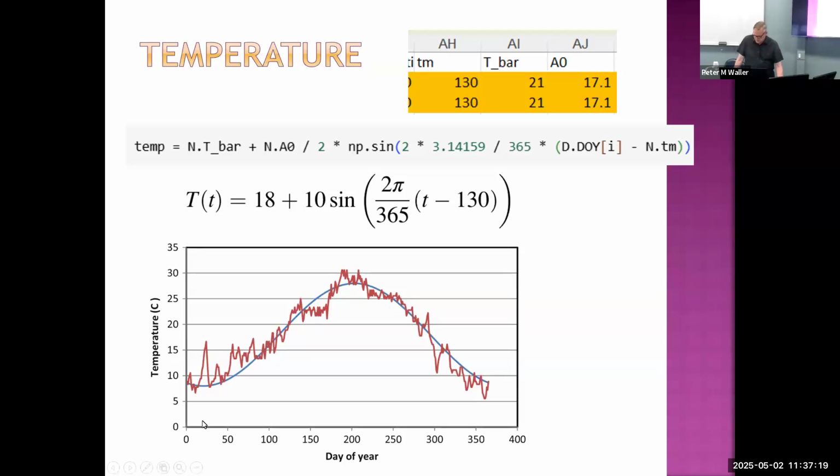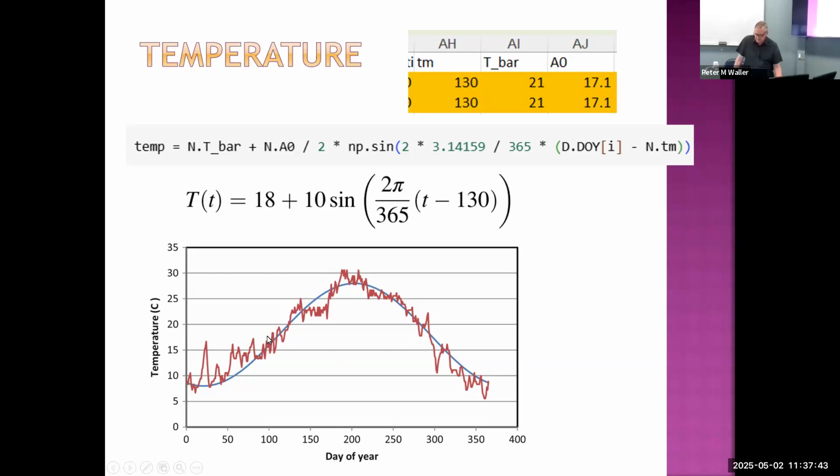And so the temperature follows a sine curve. And so what you have in this equation to predict the temperature on any day is you have the average temperature. So that's in this T bar average. A0 is the total variation.